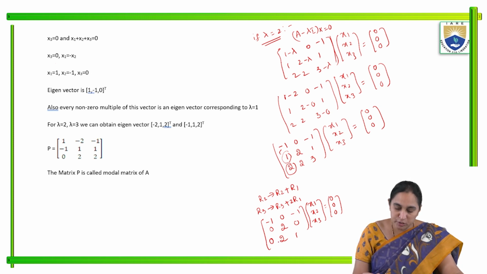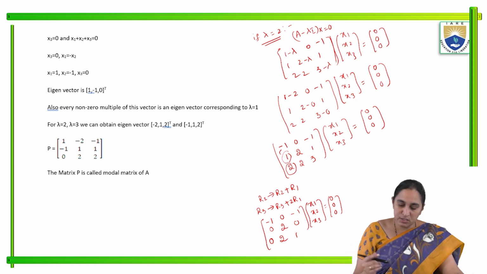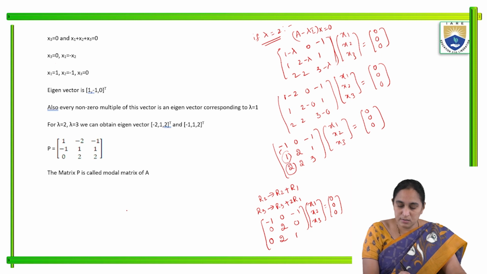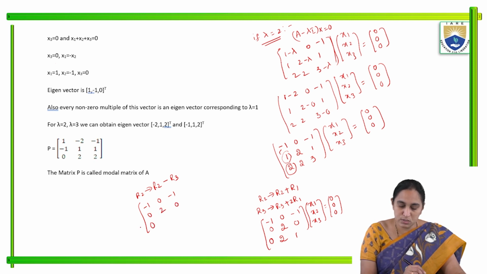Is there any possibility to make this as 0? The possibility is there with respect to the R2 second element. Then what is the row operation for that? Tell me. That row operation I'll write here. That is R2 tends to R2 minus R3, that is minus 1, 0, minus 1, 0, 2, 0, 0, 2 minus 2, 0, and next R2 minus R3.